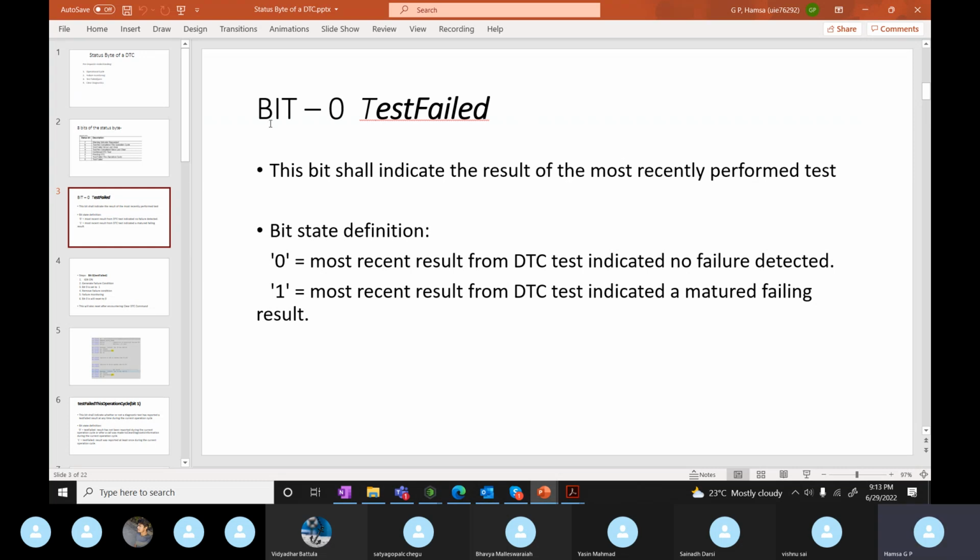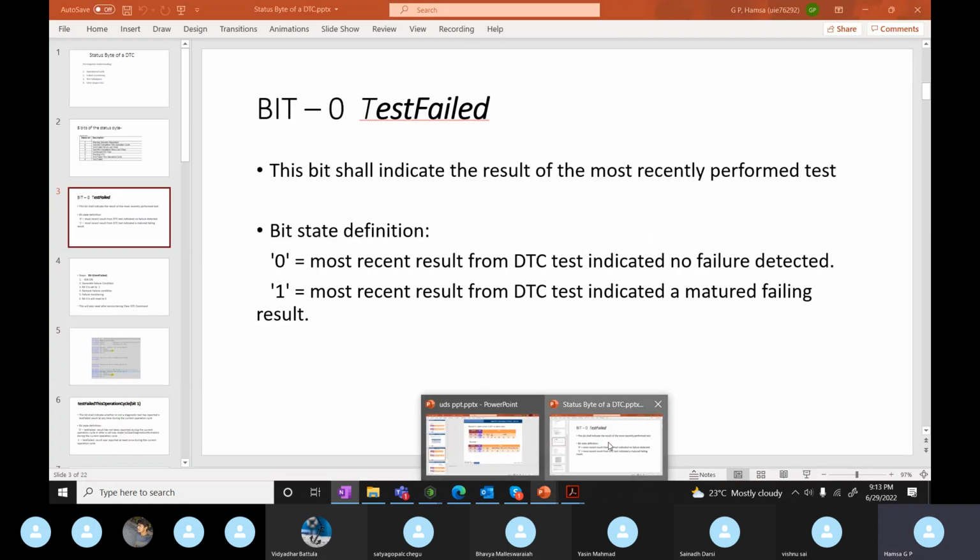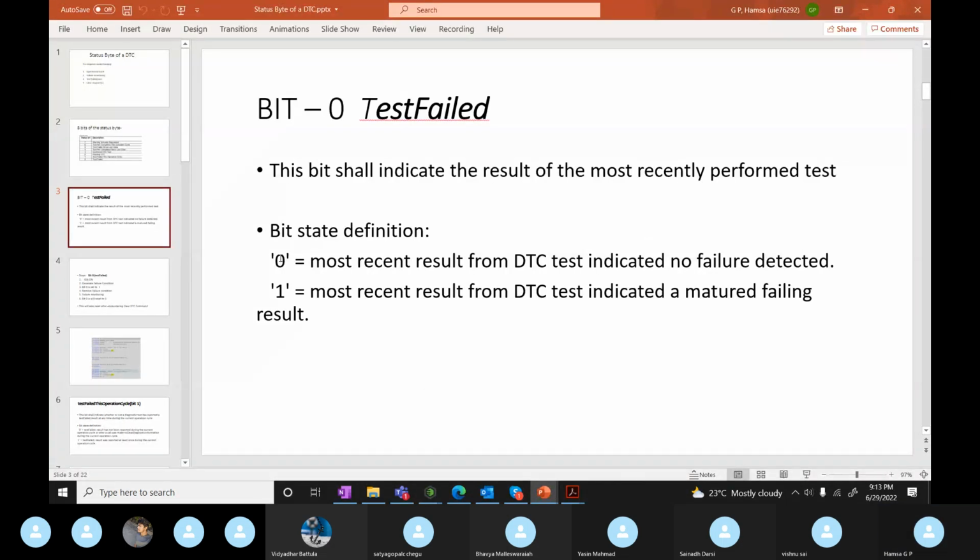So if that 0th bit is 0, what does it mean? No failures detected. 1 means test failed, and 0 means no failures detected.